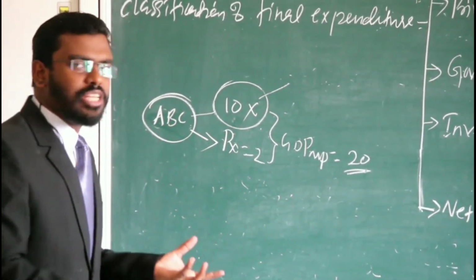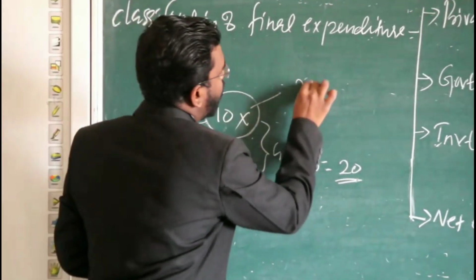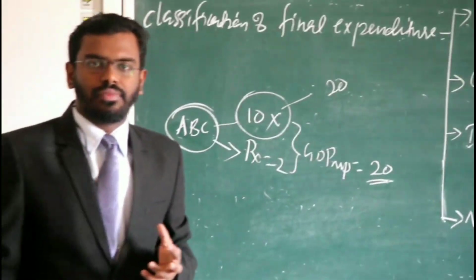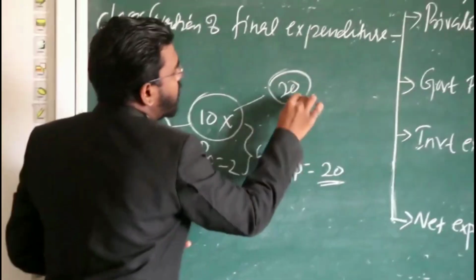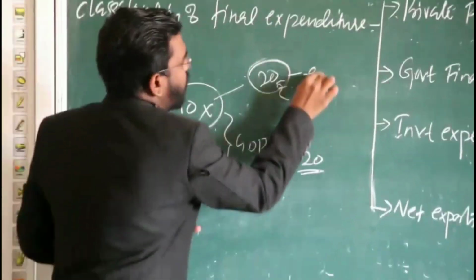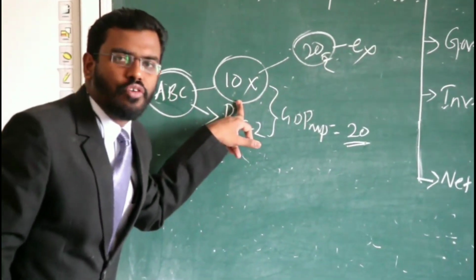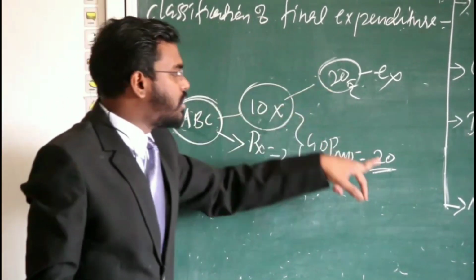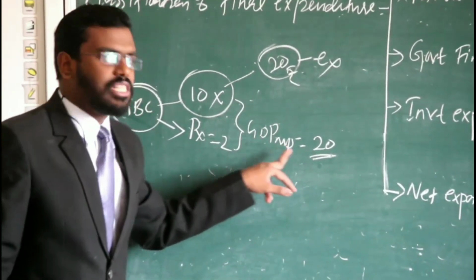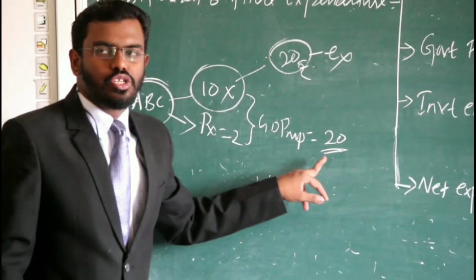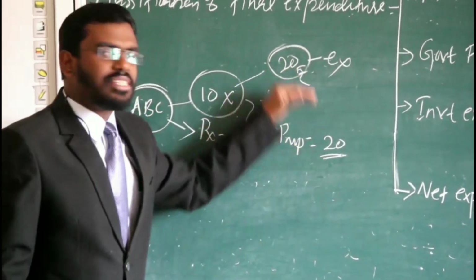They will spend 20 rupees. So 20 is the expenditure on this 10 units of X, and that 20 is equal to gross domestic product at market price. That's why both are equal.